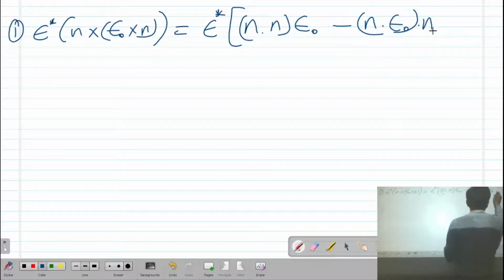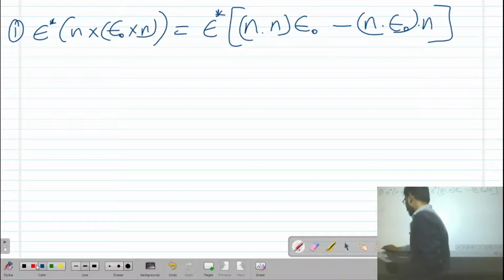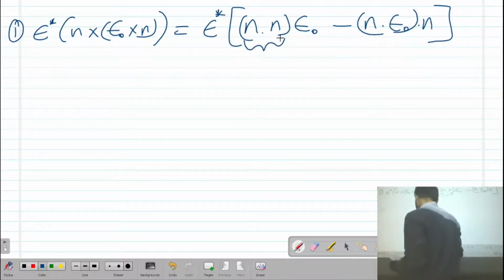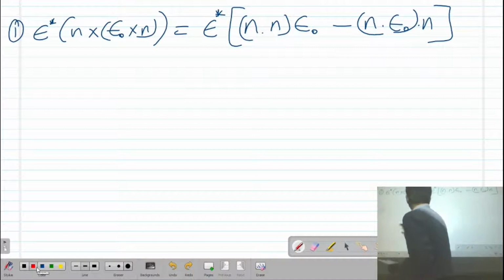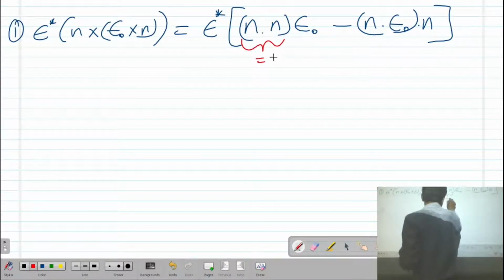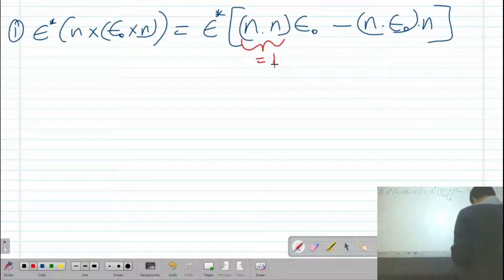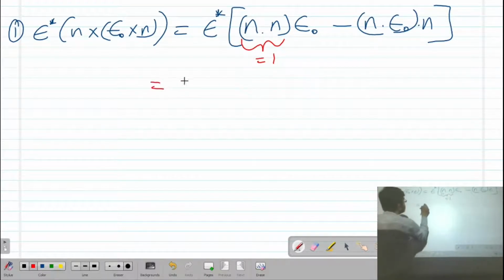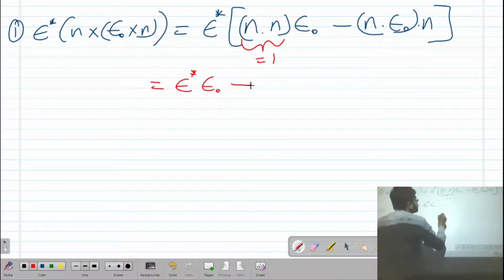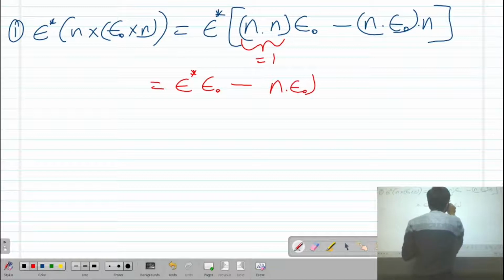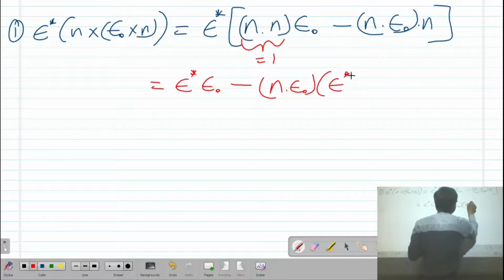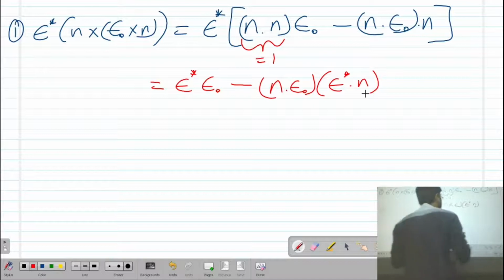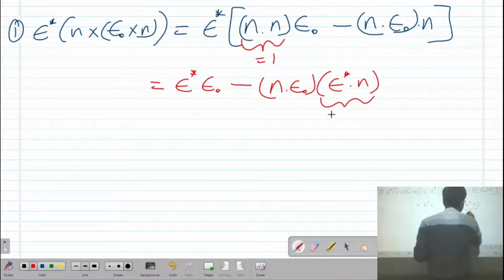But you know that this is nothing but equals to 1, and what is going to happen is 0 minus epsilon star dot n, and this is also going to equal 0.